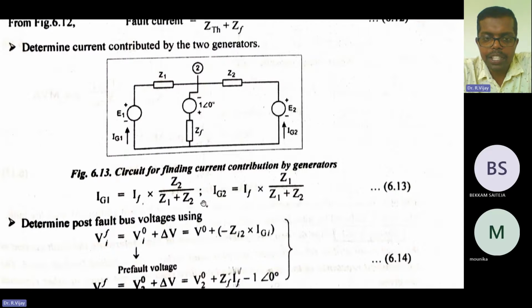So Ig1 is equal to IF into Z2 divided by Z1 plus Z2.